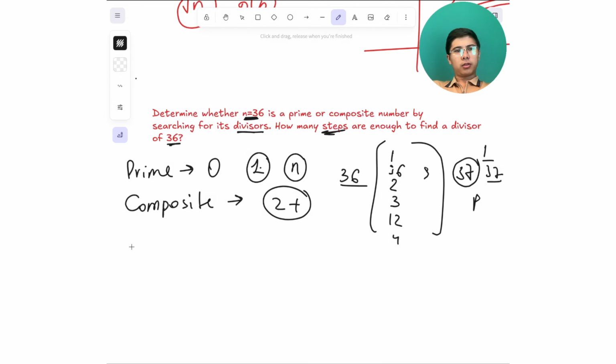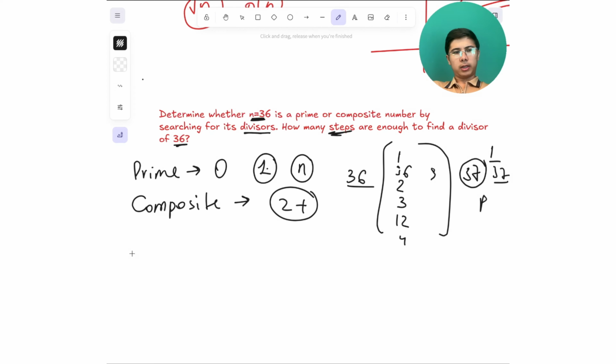So determining whether a number is prime or composite starts by checking from 2 up to one number less than the given number. If none of the numbers divides it, the number is prime, as I said. If at least one number divides it, apart from itself and 1, the number is composite.